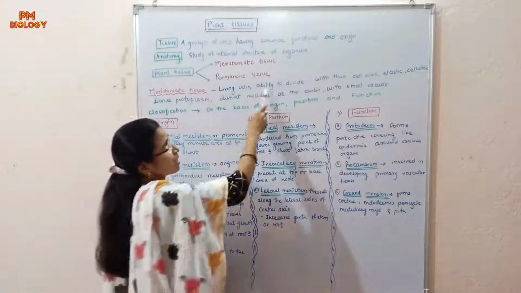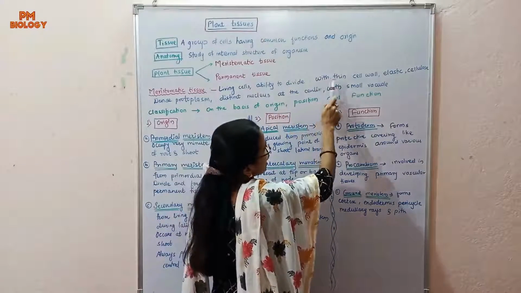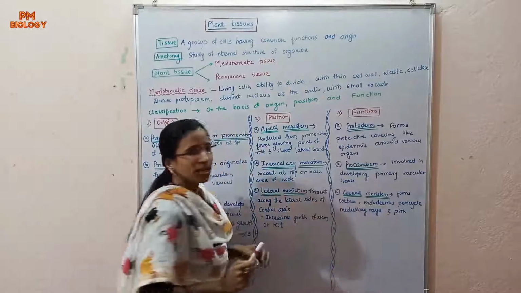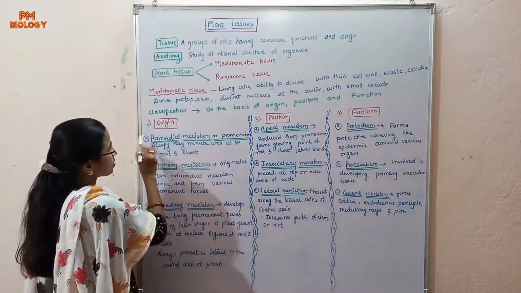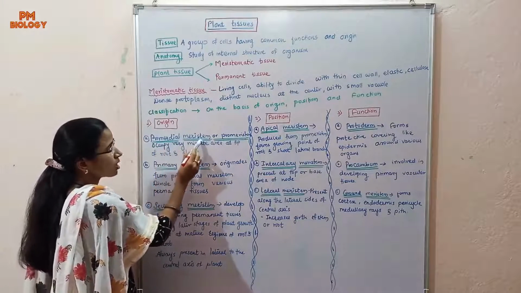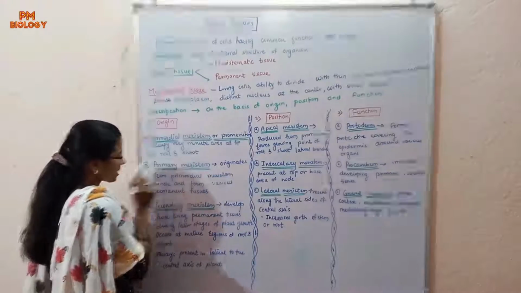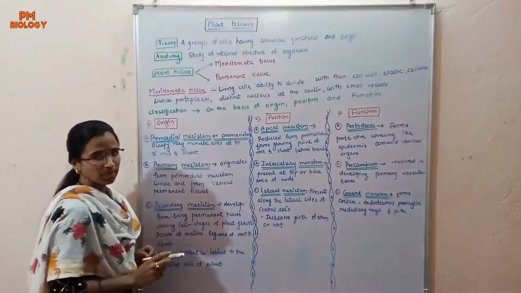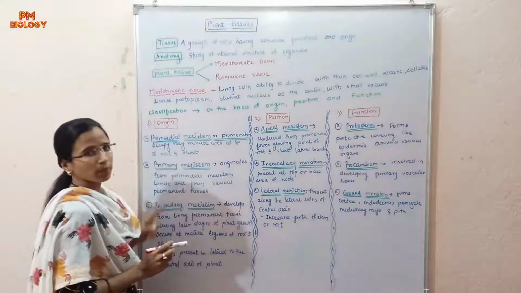They have ability to divide, and they have thin cell wall. They are elastic. From the origin point of view, they are classified as primordial meristem or promeristem, primary meristem, and secondary meristem. These are the three types under origin.